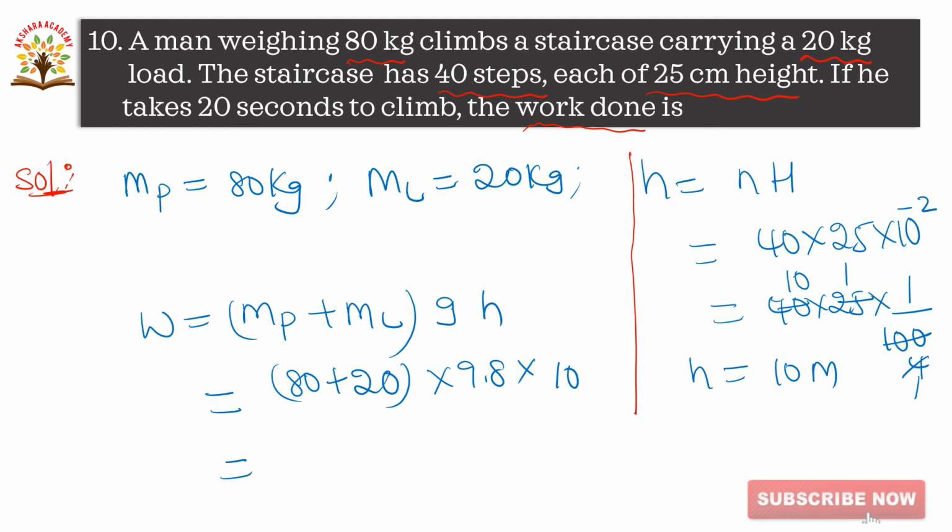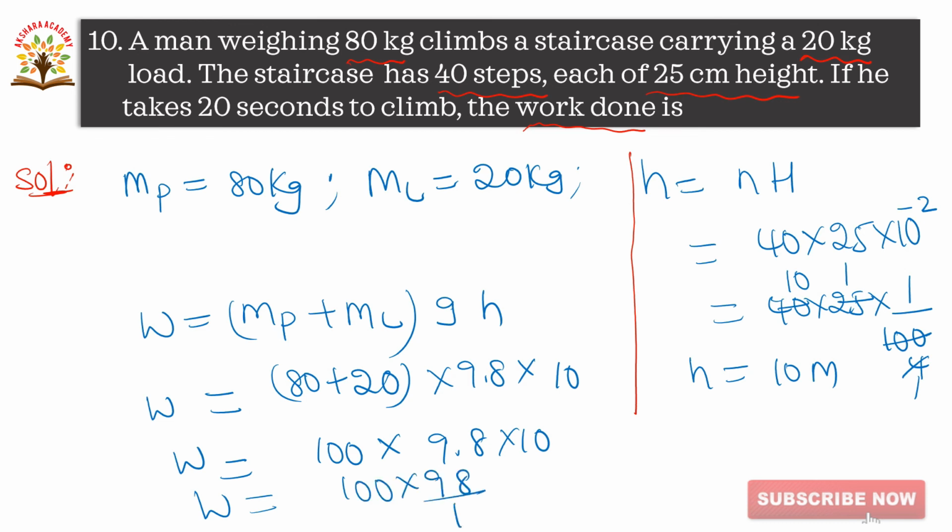So 80 plus 20, 100, into 9.8 into 10. So work done is equal to 100 into 9.8, which can be written as 98 by 10 into 10. So the 10s cancel.